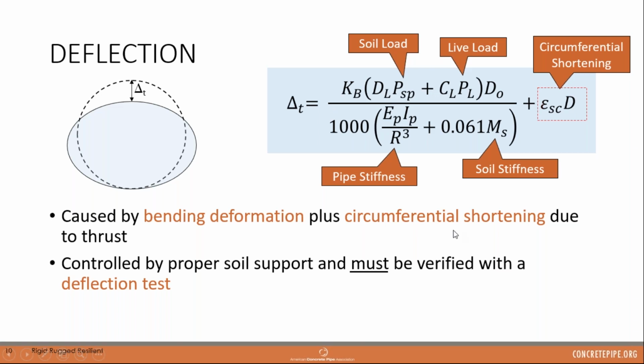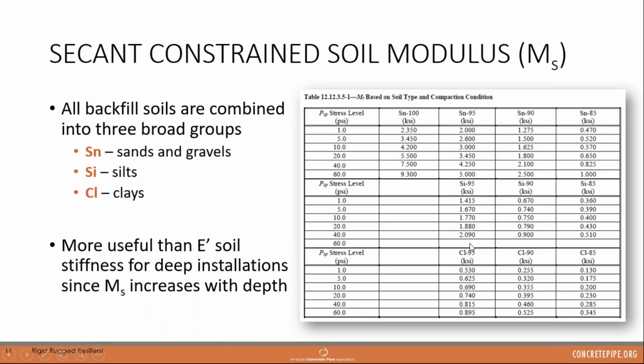Now, I do want to stop briefly and talk about this M sub S term that we saw previously, which is your soil stiffness. And this term is really the most important term in designing the expected quality of a pipe installation, and it's really the biggest factor in what your allowable fill heights are going to be for plastic pipe.